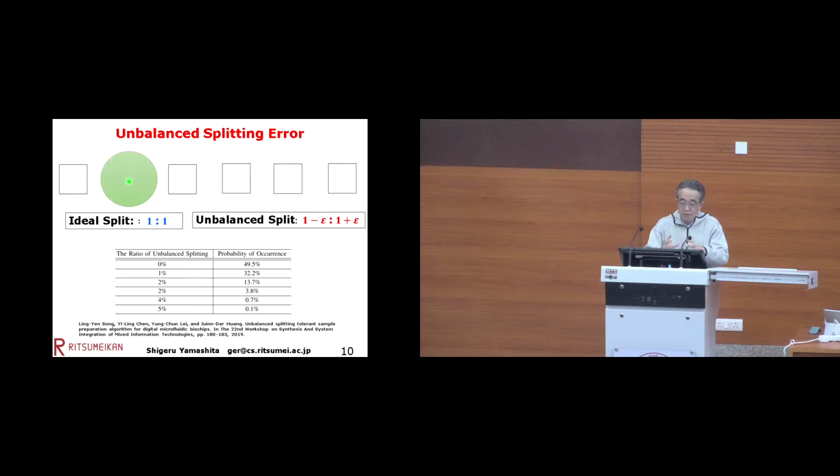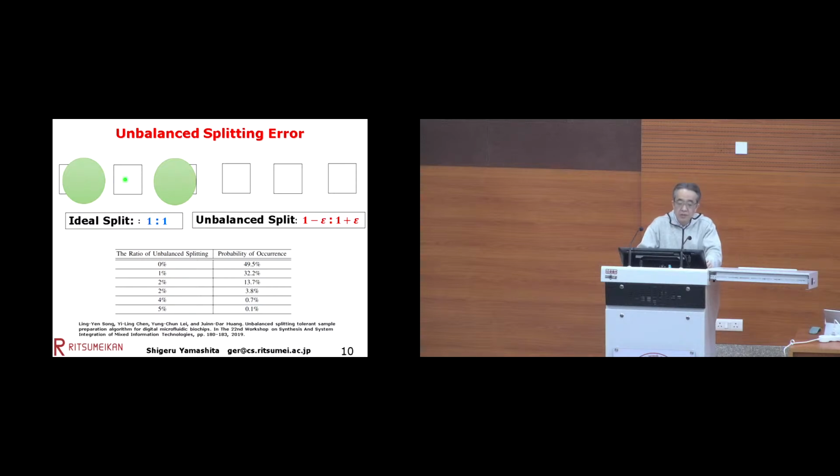So we have a two-volume droplet here, and then after that, if we give these two directions high voltage, then this large droplet is split like this. So this is the ideal operation. Ideally it should be split in 1:1 ratios.